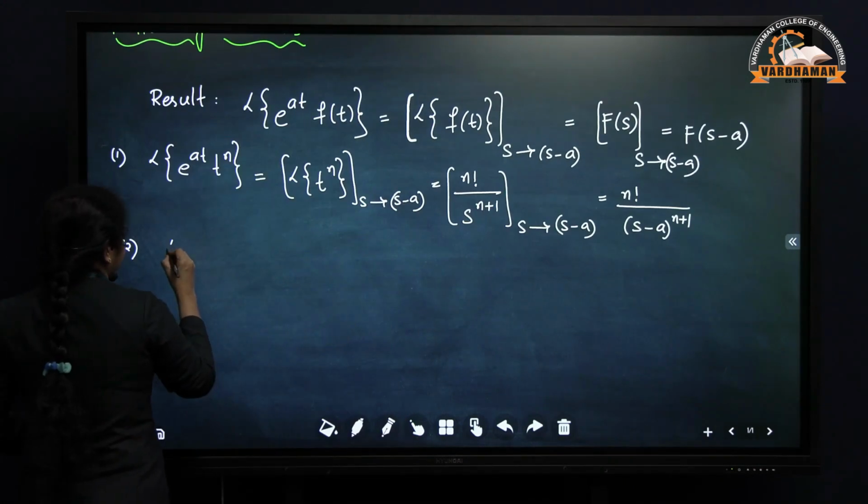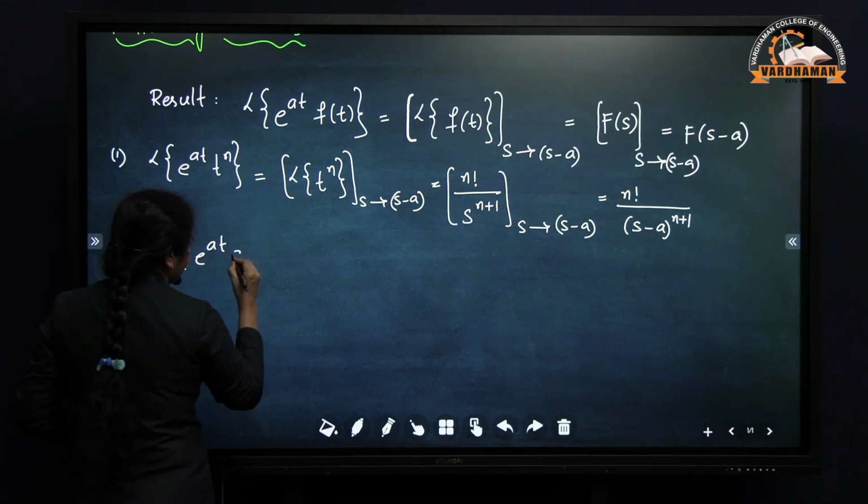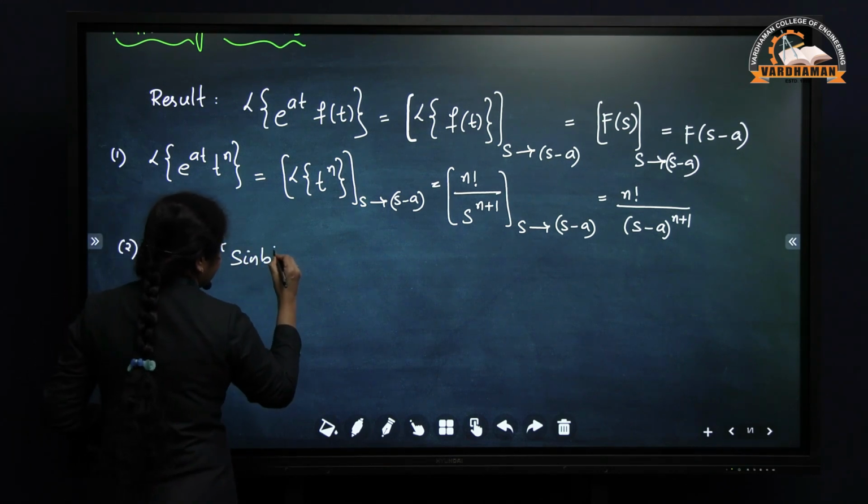And the second example: Laplace transform of e power at sin bt.